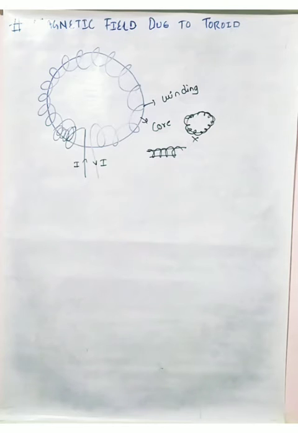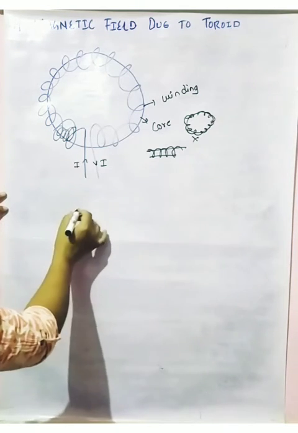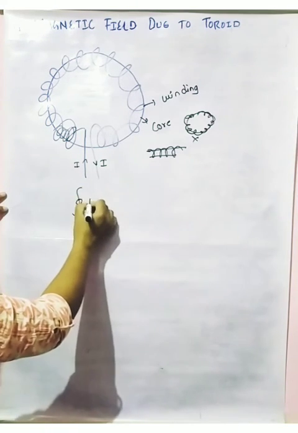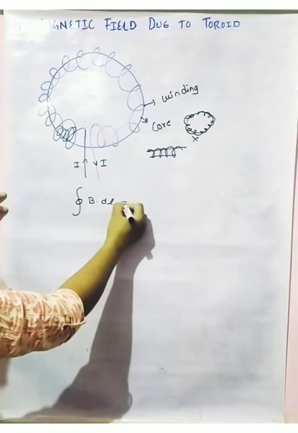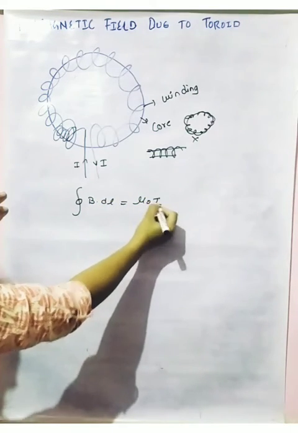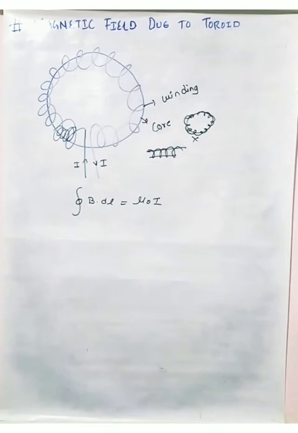Okay, so we are going to start solving this. According to Ampere's circuital law, the closed integral of B dot dl is equal to mu naught I. The current I flows through it, and it will be the same throughout.